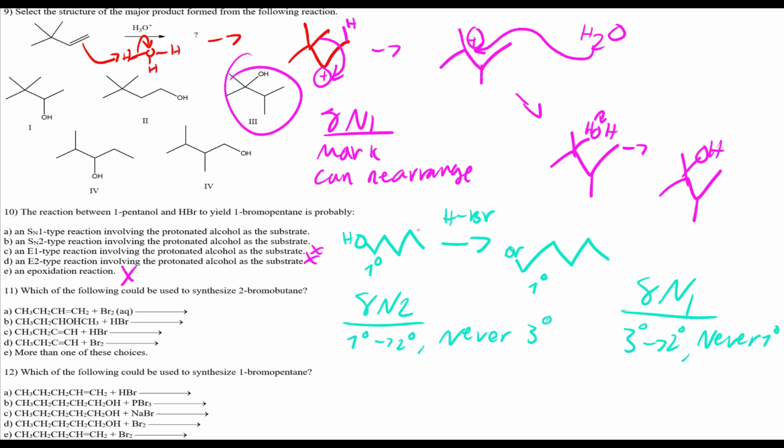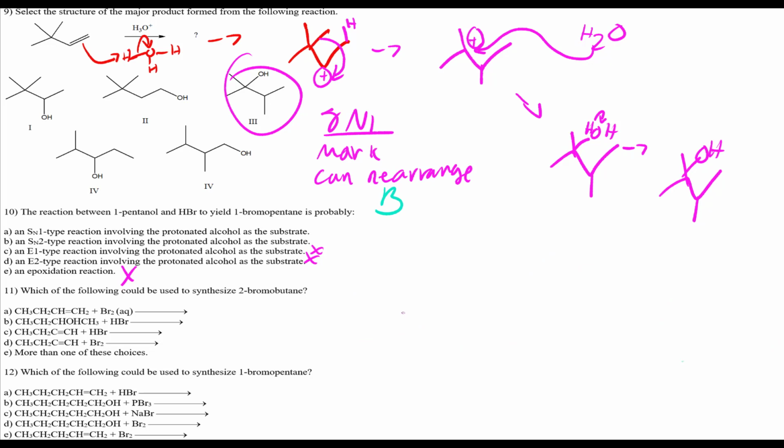Okay? Now, I took something from a primary alcohol. Can SN1 do that? No, because it never works with primaries. Only SN2 can take something from a primary carbon. Okay? So therefore, SN2 would be the correct answer. B.